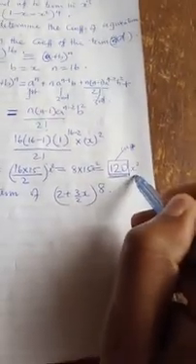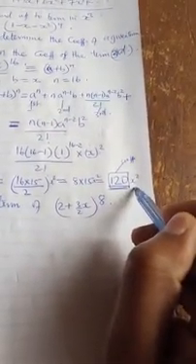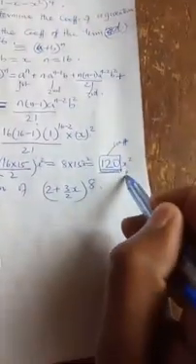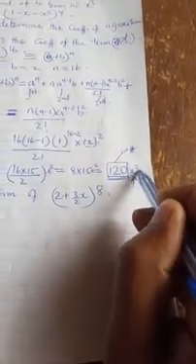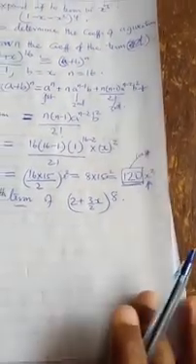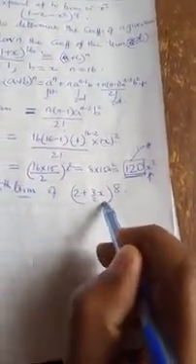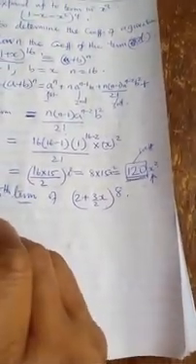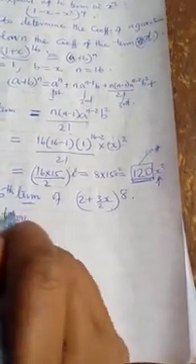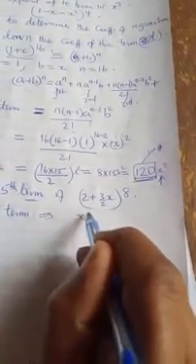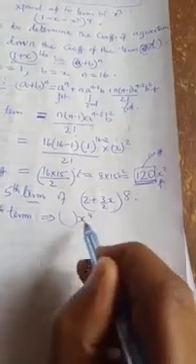But the third term, as you can see, has a power of x as 2. So if they talk about the fifth term, it means the power of x will be 4. Fifth term implies that x, the term in x to the power 4.